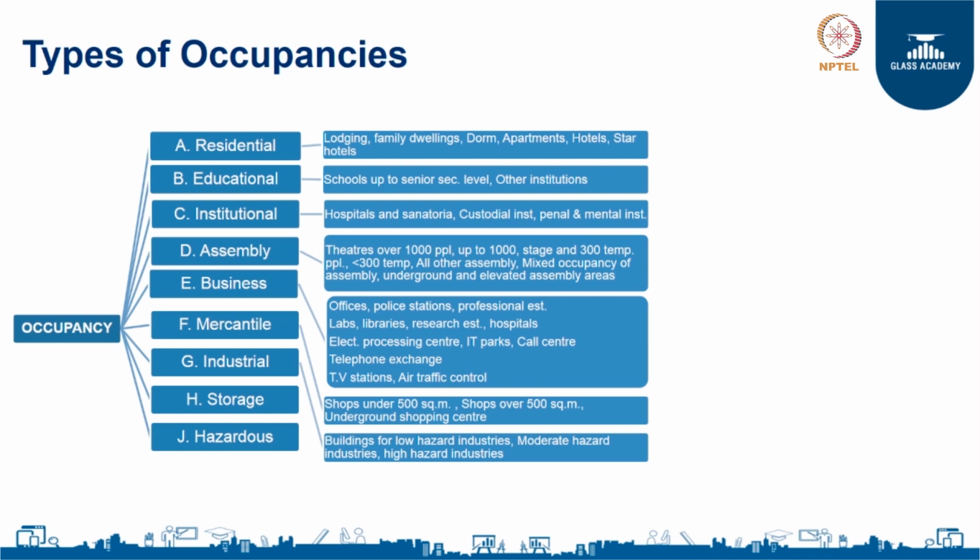Based on the type of use, the number of occupants, or the kind of materials stored in these places, a building or any area can be split into these types of occupancies. They range from residential to educational to institutional to industrial buildings to hazardous buildings to storage buildings. As you can see, a wide range of types of occupancies are covered in this table.